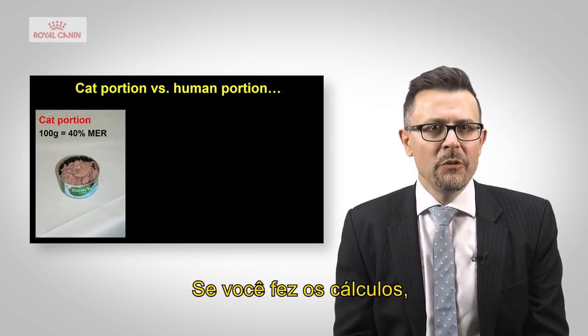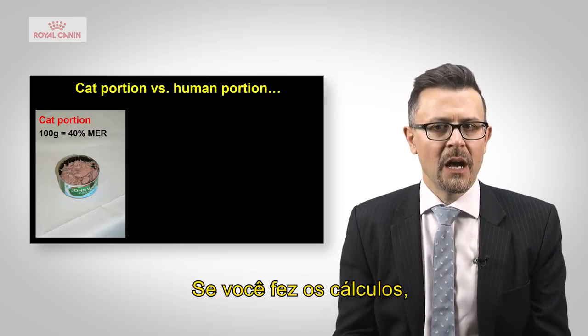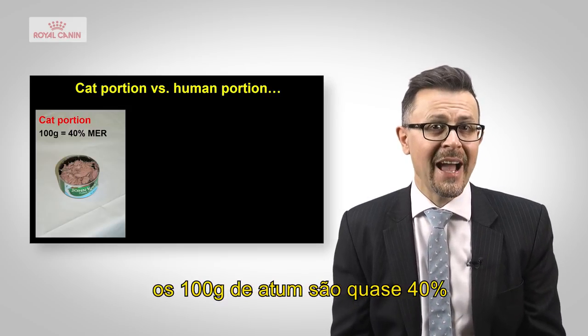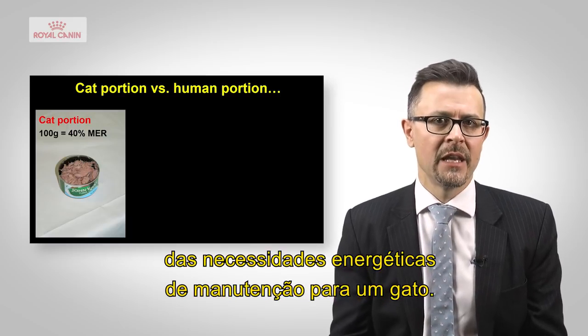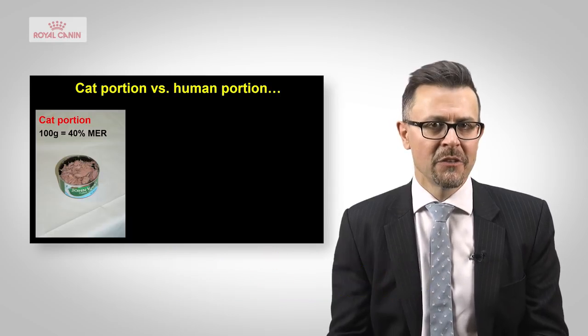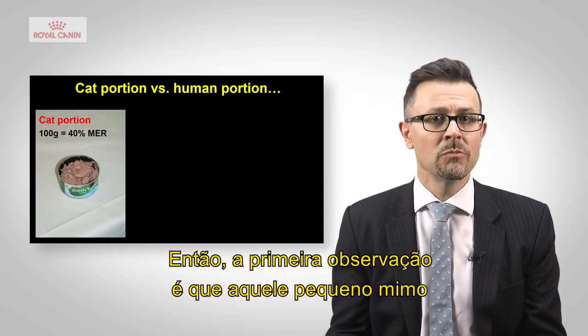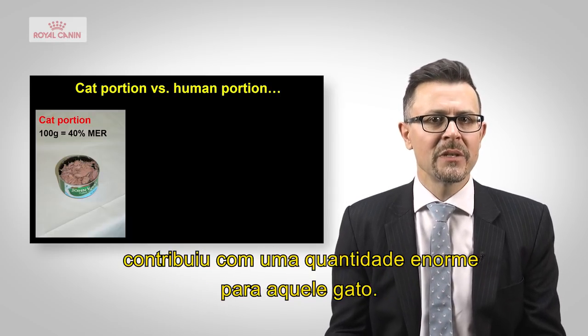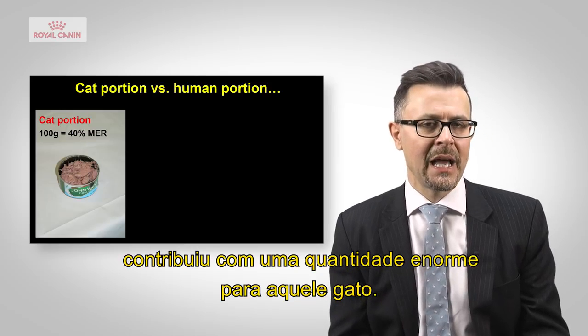Well, if you work it out, 100 grams of tuna actually is about 40% of maintenance energy requirements for a cat. 40%. So the first point there, of course, is that small treat has contributed a massive amount to that cat.